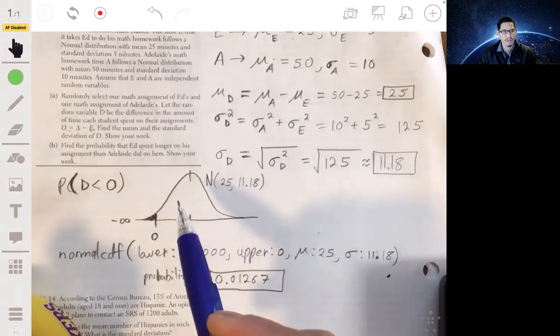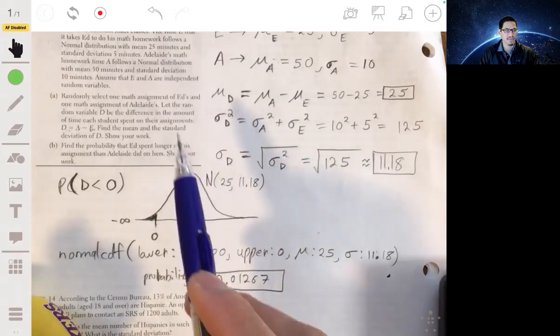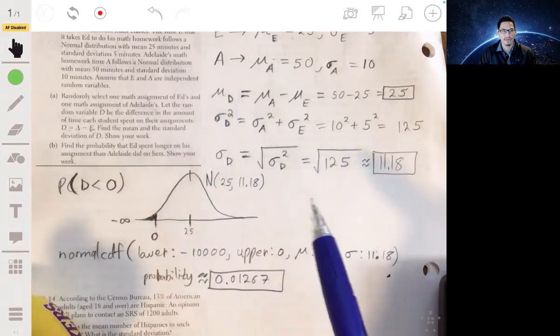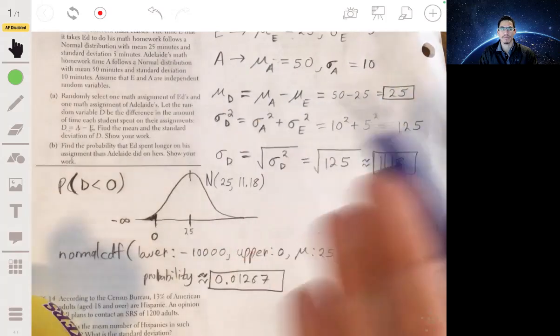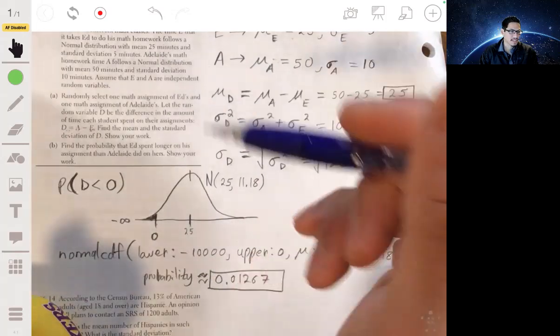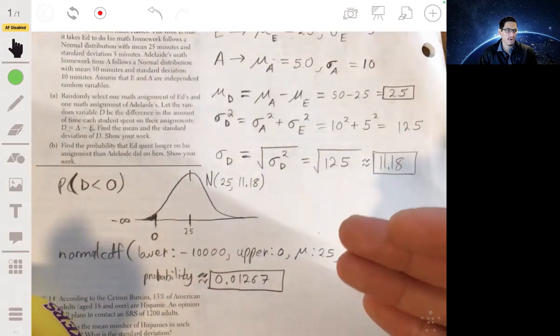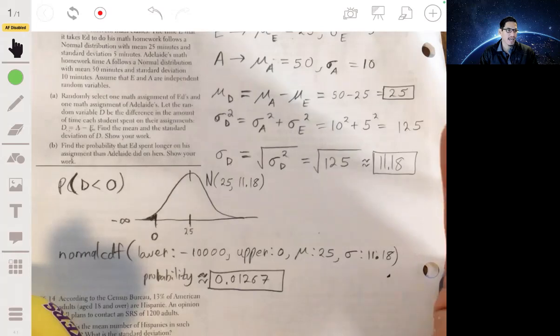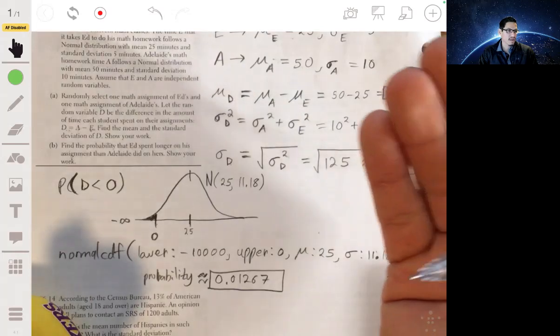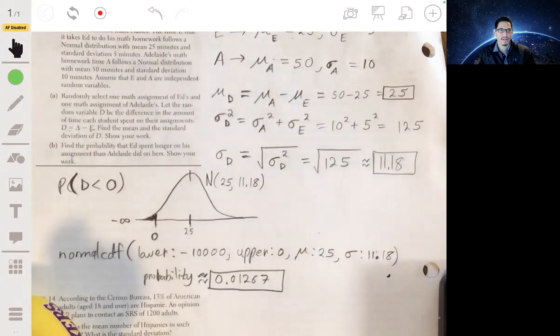Since this is show your work, make sure you do show your work on an actual test. If this is a free response problem, you'll be graded not only on the work, but also on how you present your answer. So write something like, there's about a 1.267% chance that Ed will spend longer on his homework assignment than Adelaide will on hers.